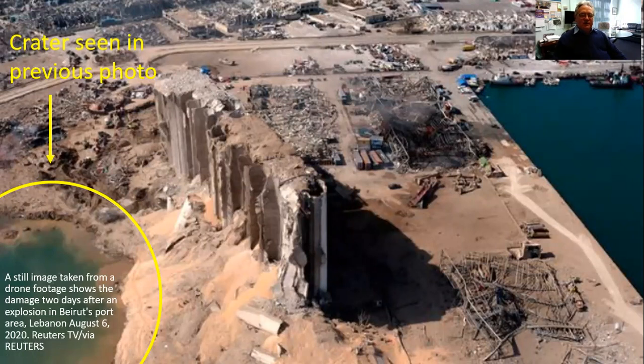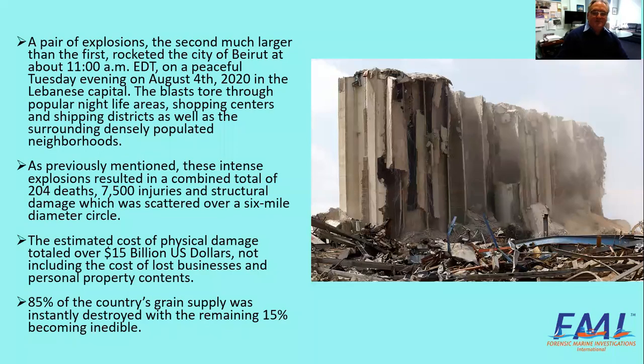They took the brunt of the effort, and of course, being all reinforced concrete, and Beirut being a war-torn area, they know how to rebuild things, fortunately and unfortunately. So you can see that the location of the blast, while it was very important and it damaged things to the west and to the northwest, didn't do nearly as much damage to the things to the northeast and east. So, okay, thank you, Mike.